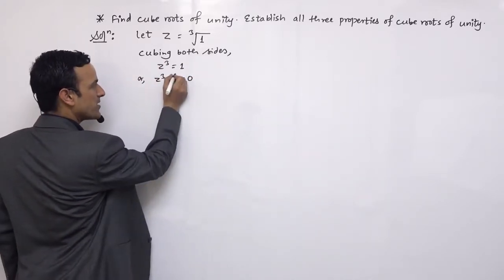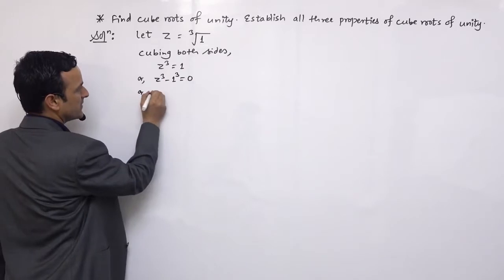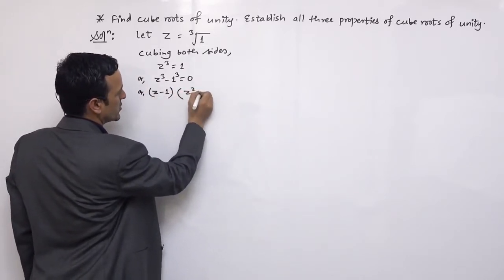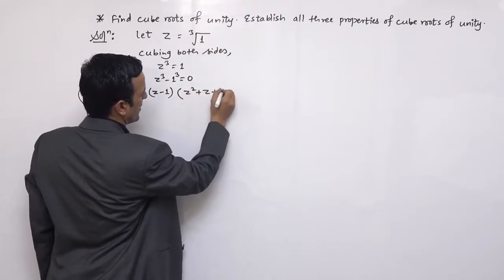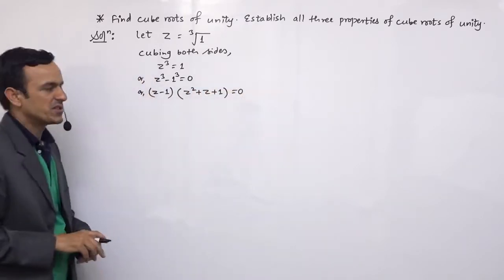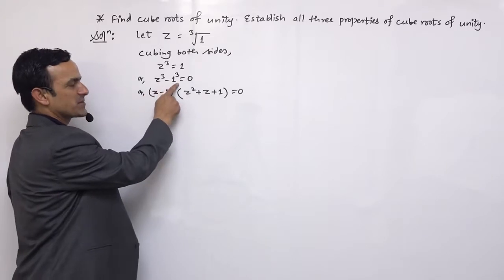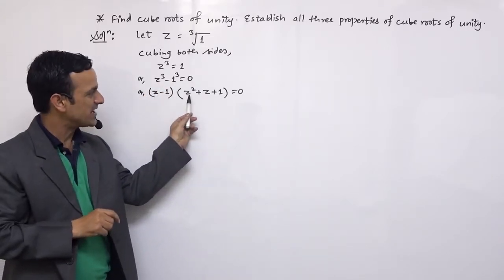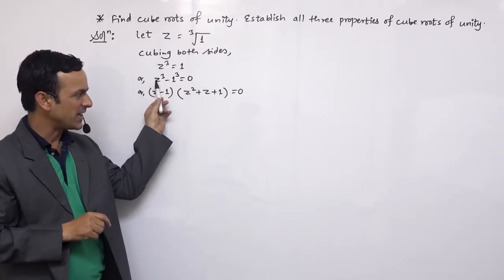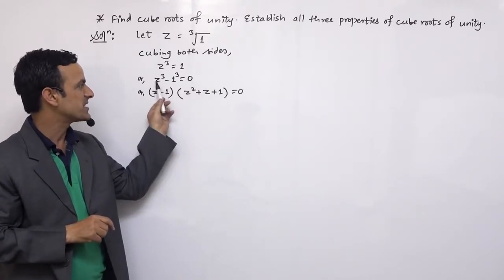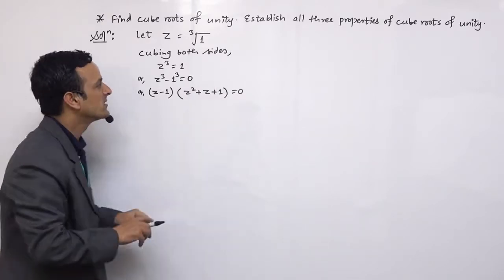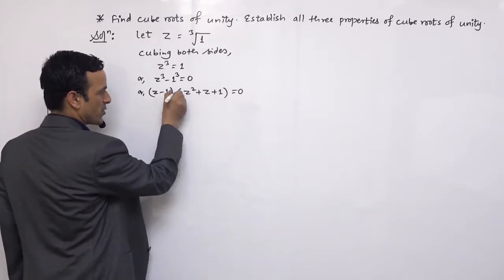So 1 means 1 cube, and write down the formula of A cube minus B cube is equal to 0. This is the formula of A cube minus B cube. So this is A minus B, and A square means Z square, plus AB means Z into 1, Z, plus B square means 1.